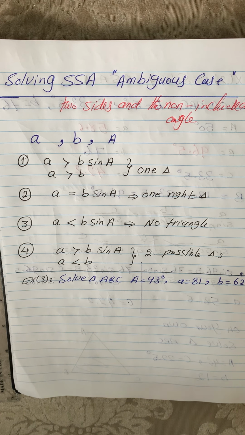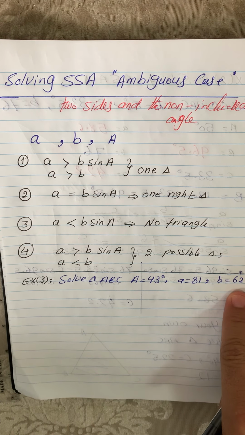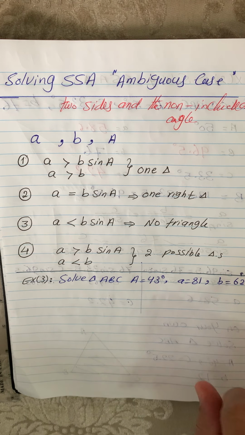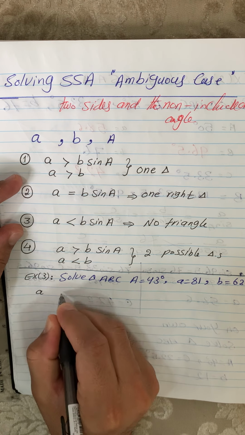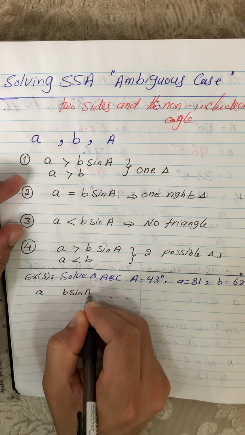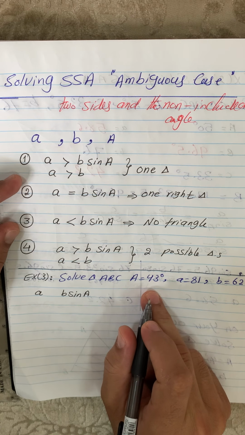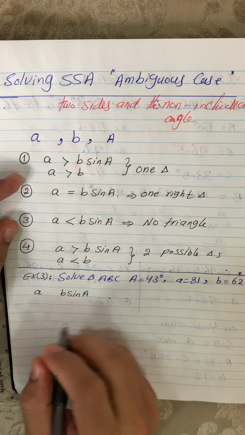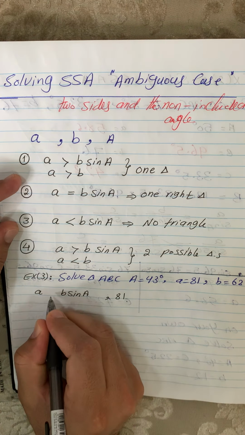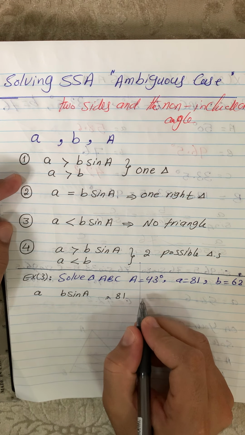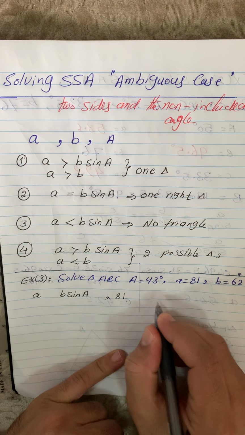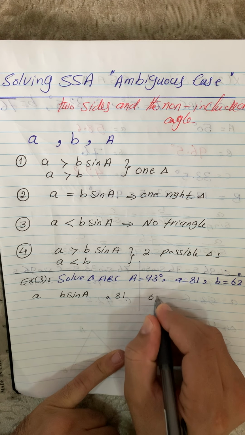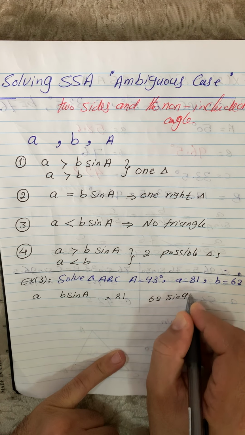Step number one, you have to compare between a and b sine A. a is 81. Let's know if it's more than, less than, or equal to b sine A, 62 sine 43.